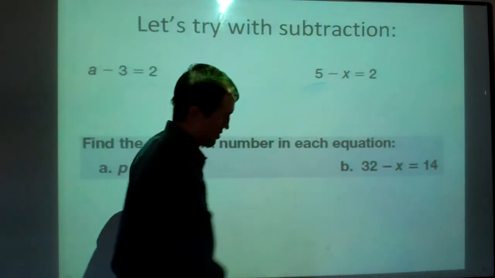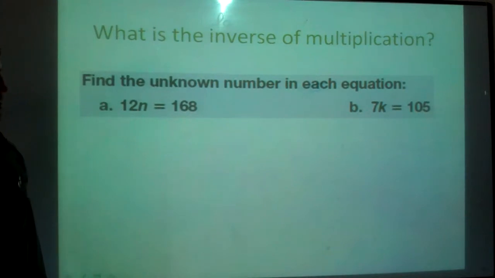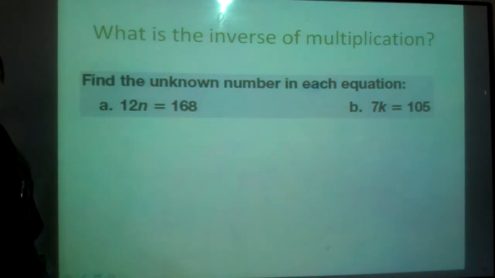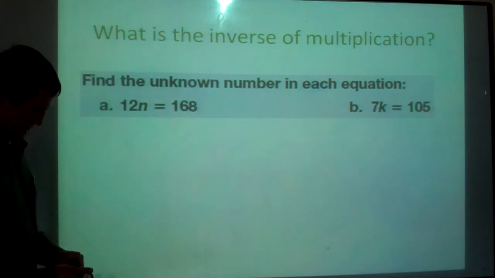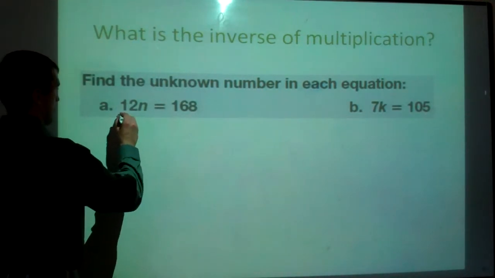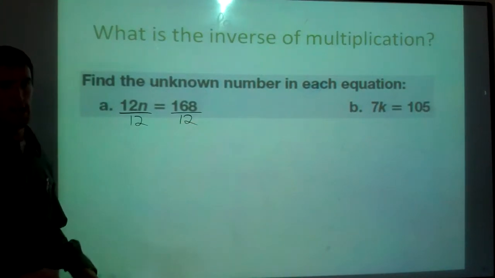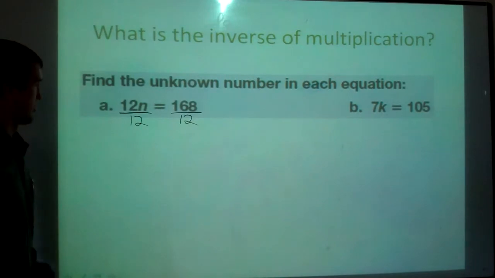Now we're going to move on to multiplying. And what is the inverse of multiplication? Well, that is division. So these ones are a little easier. This says 12 times n equals 168. Well, the inverse is division, so we're going to divide by 12 on both sides.